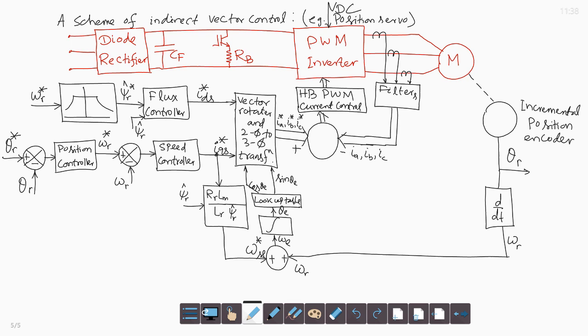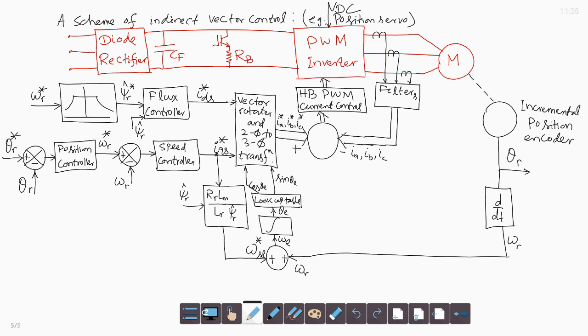Actual motor currents are sensed and taken as feedback, and a filter will be there. Actual IA, IB, IC are subtracted from the corresponding reference current commands, and the current errors go through a hysteresis band PWM current control, which generates the pulses for the PWM inverter.